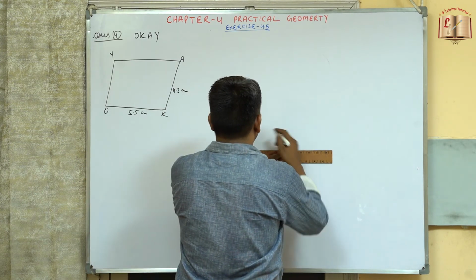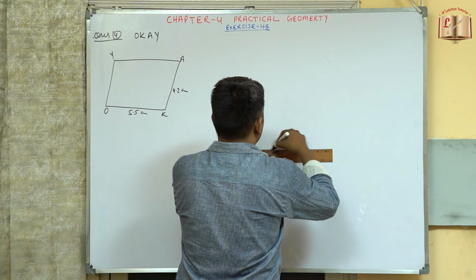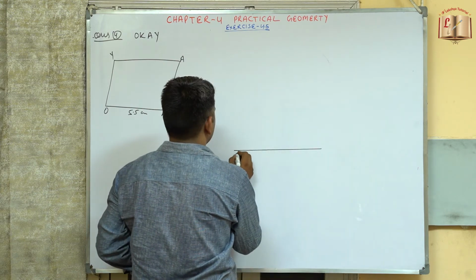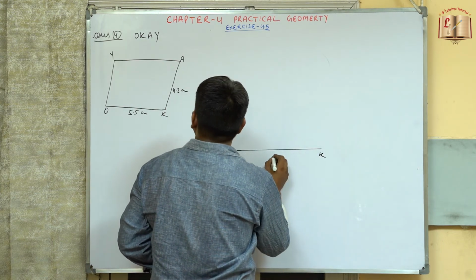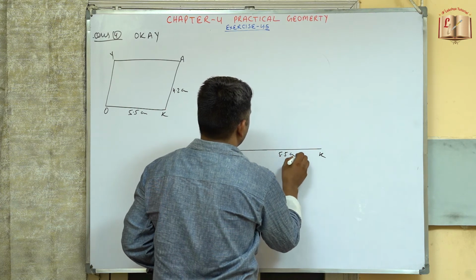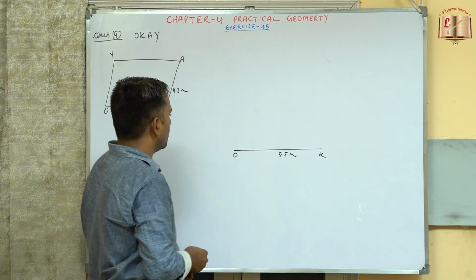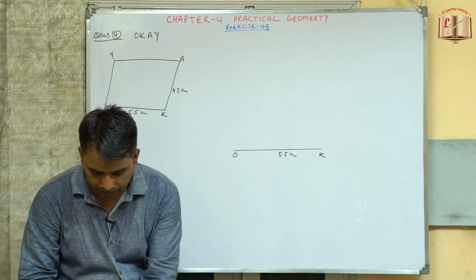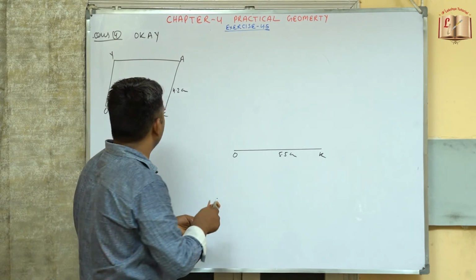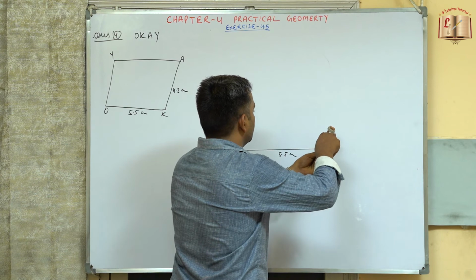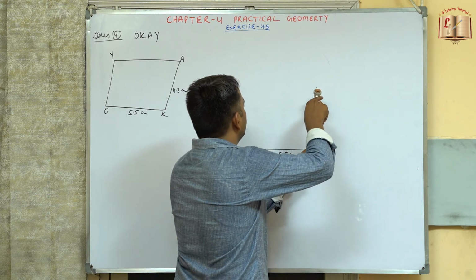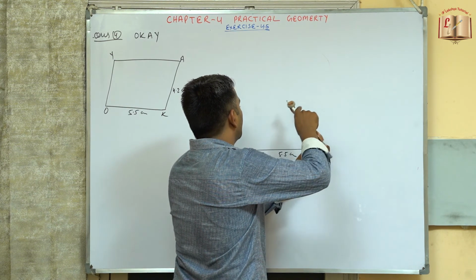So first of all, we will draw this O and K, 5.5 centimeters. So from K, now see that from K we will draw an arc equal to the 4.2.